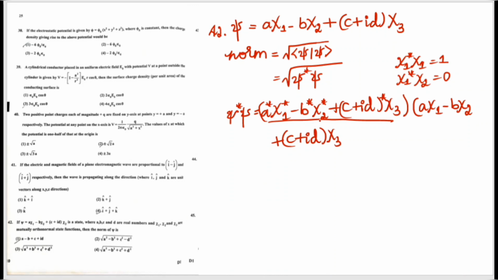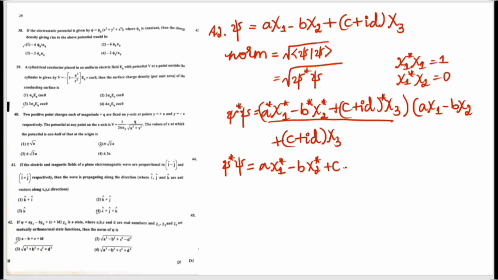On solving inside the bracket first, that is chi star into chi, we get a star. I can write it as a, the complex conjugate of a real number is a itself, into chi1 star, minus b star, which is b only, chi2 star, plus the complex conjugate of c star, which is again c, plus here the complex conjugate of i, an imaginary number.